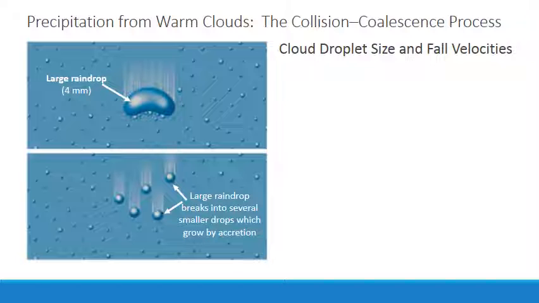At that size, the water's surface tension, which holds the drop together, is surpassed by the frictional drag of the air. And the depression grows really rapidly, almost explosively, forming a donut-like ring that immediately breaks apart. And the resulting breakup of a large raindrop produces numerous smaller drops that begin the task of sweeping up cloud droplets all over again.